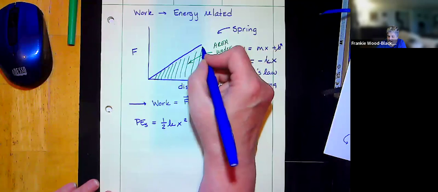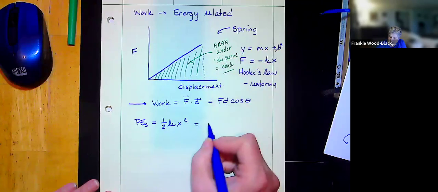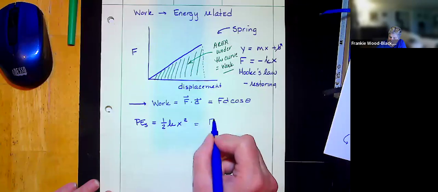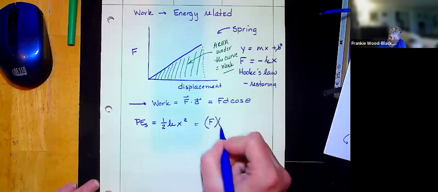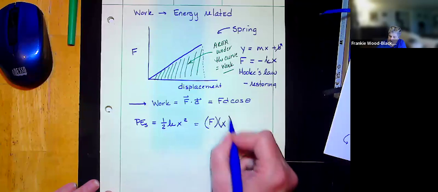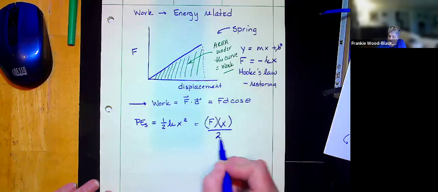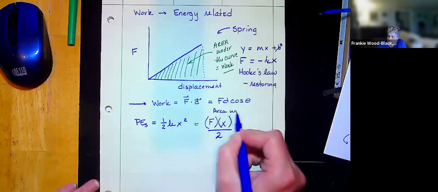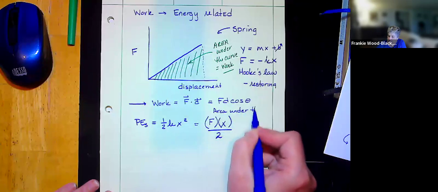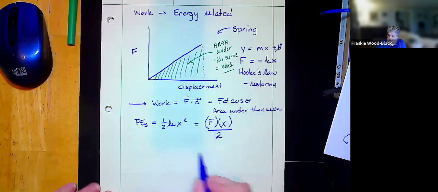But if I look at this area here, I'm going to rewrite this. There's my force, and then I have x. So this is my force times x, and this is the area under the curve. We know what my force is.